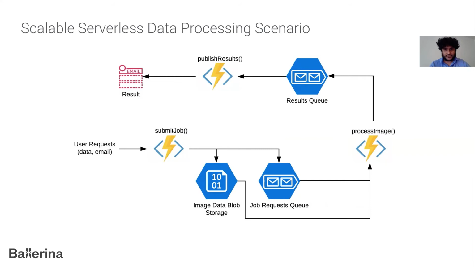It's a scalable data processing scenario, again with some processing of images, where we take in requests through an HTTP request, and we take in the binary data and an email address, and we submit that to a blob storage in Azure, and also we queue those requests. And using serverless functions, we process the images, we put them to other queues, and we publish them using email. So the use of these intermediate queues and these other storage mechanisms is to scale the system.